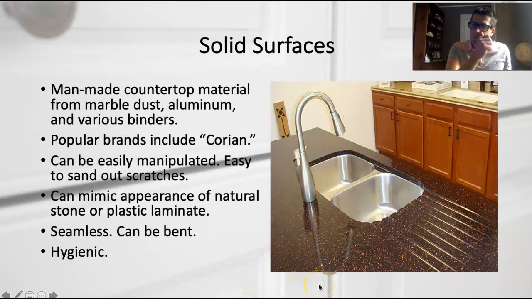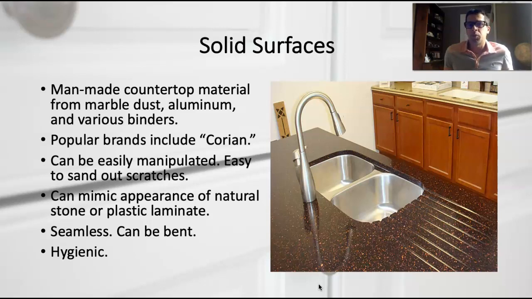So solid surfaces are usually referred to as Corian, and it's similar to the engineered product that we refer to as quartz. Again, it's a man-made product composed of waste products like dust and powder and binders, glues and resins that hold it all together.